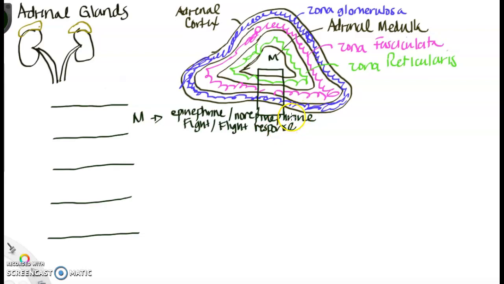So your adrenal gland is your stress gland, and this is the part of the adrenal gland that responds to a stress. And it is activated through neurons by the sympathetic nervous system.